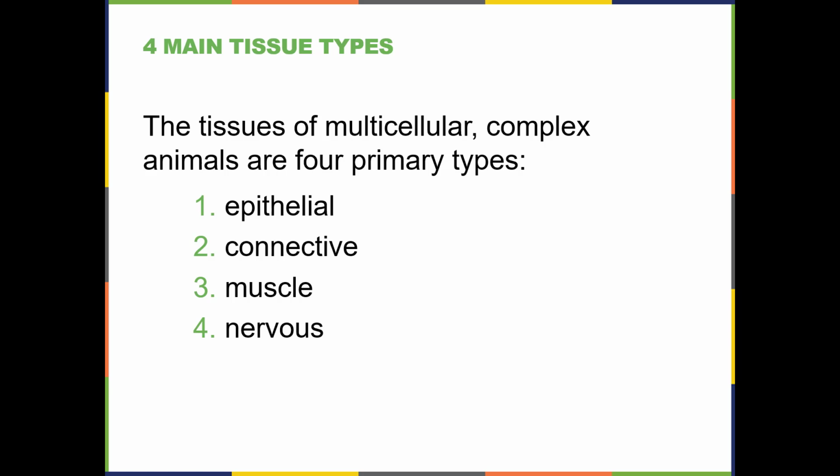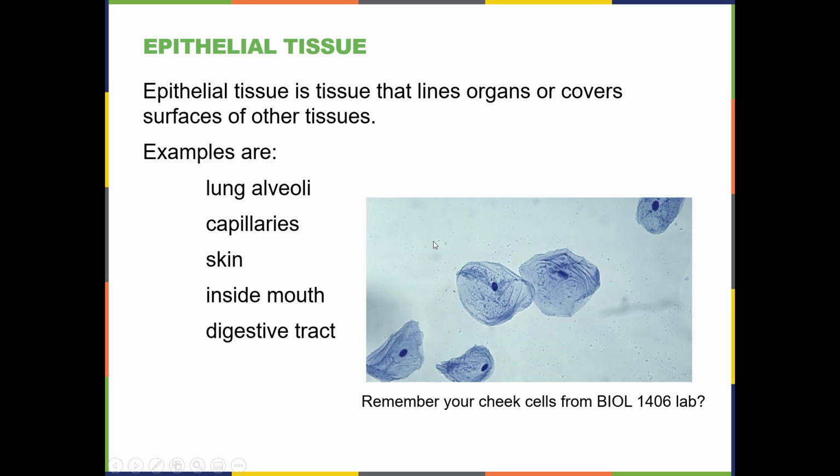So we're going to go over each one. So epithelial tissue, like I said, the broad definition is tissue that lines organs or covers surfaces of other tissues.